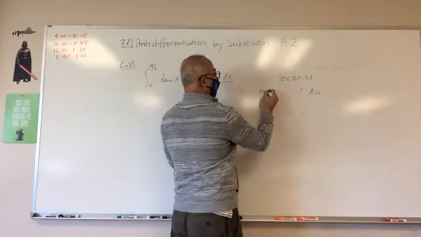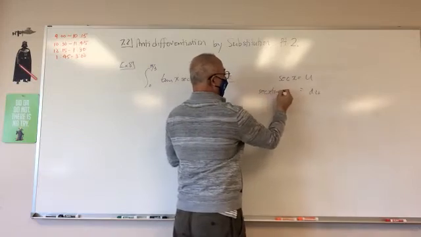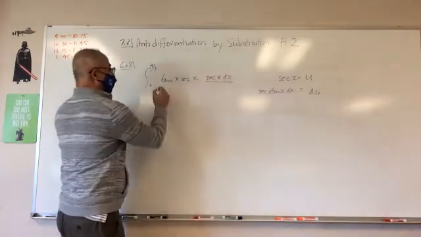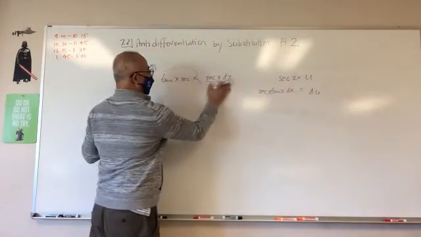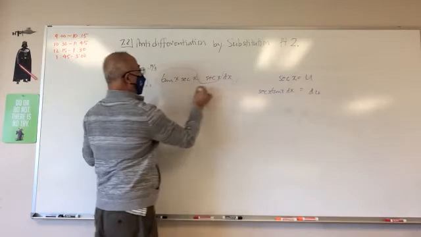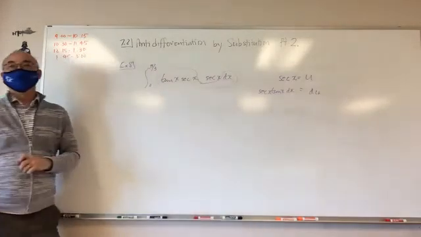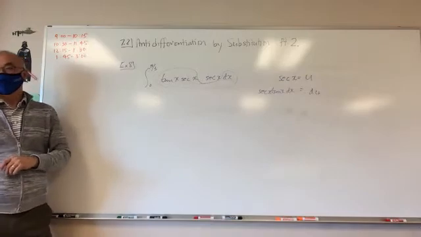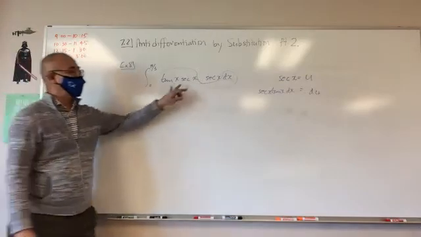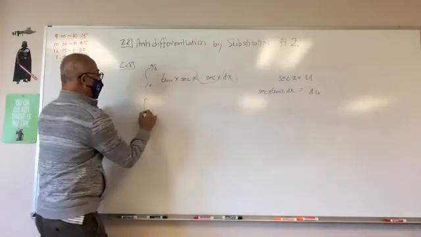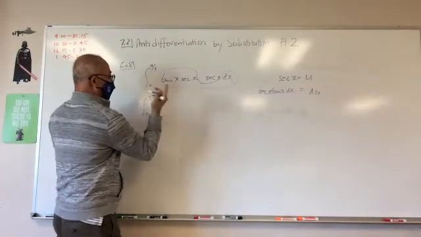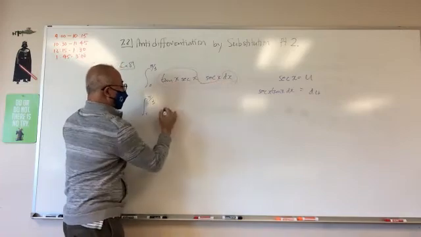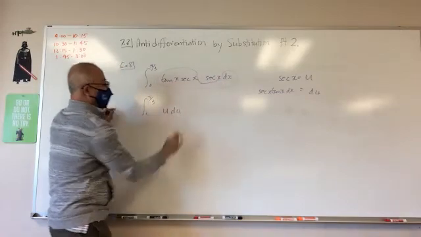Isn't it secant tan? Well, look at this. What did I get? I got that whole thing. Double whammy. You see, I get the double whammy. You get 2 of these here. So I'm going to get, this is going to be just u, right? And this is du.